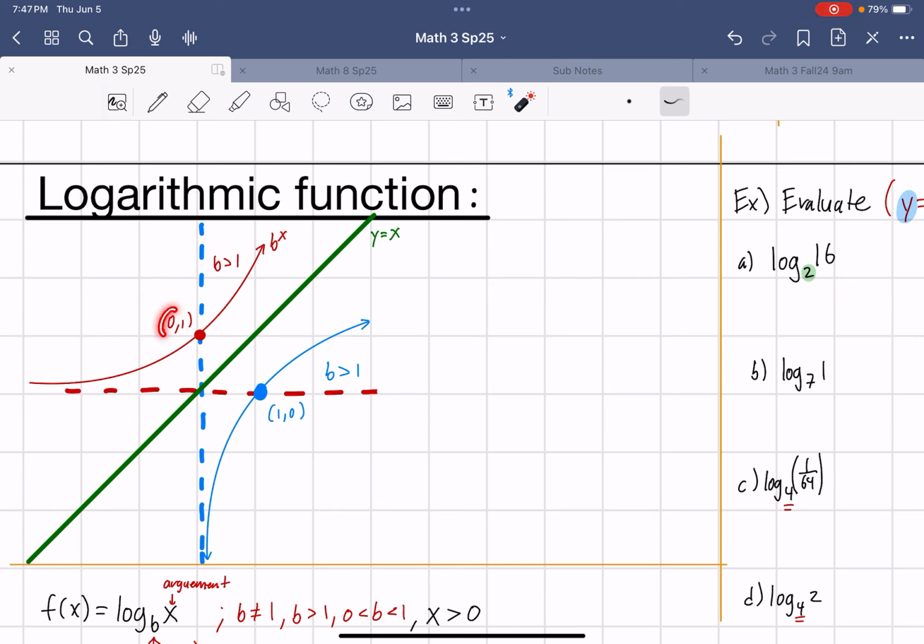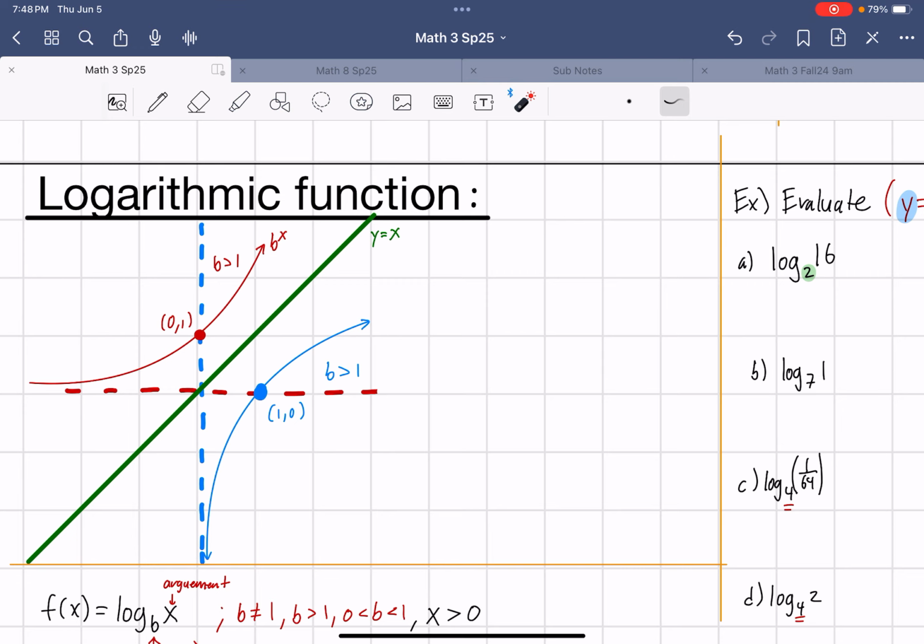Well, just like how this x became a y, this x of 0 becomes the y for the inverse, which is your logarithm. And look, your y is 1, that actually becomes your x. So when you're reflecting over this y equals x line, y becomes x and x becomes y. And you can see how these points are swapping between each other. There's a lot of those similarities when it comes to a logarithm.